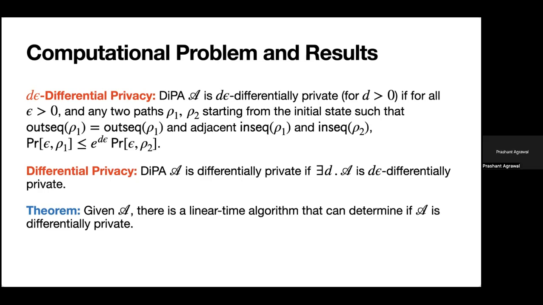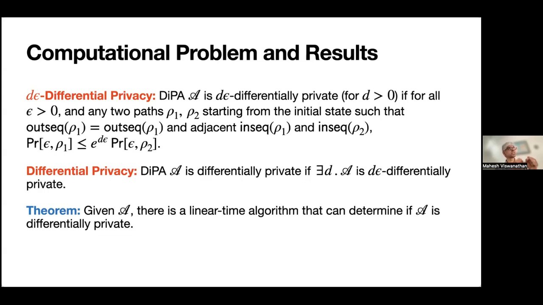Could you please repeat what is out sequence and in sequence? Yeah, so given a computational path in the automaton, what is important is the sequence of inputs that are read along that path and the sequence of outputs that are produced. The out sequence is the sequence of outputs that is produced, and the in sequence is the sequence of inputs that are read.